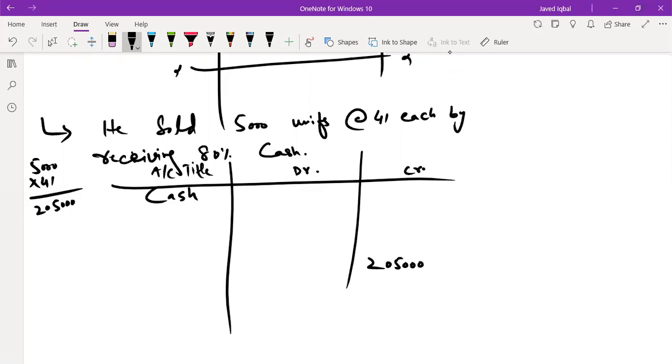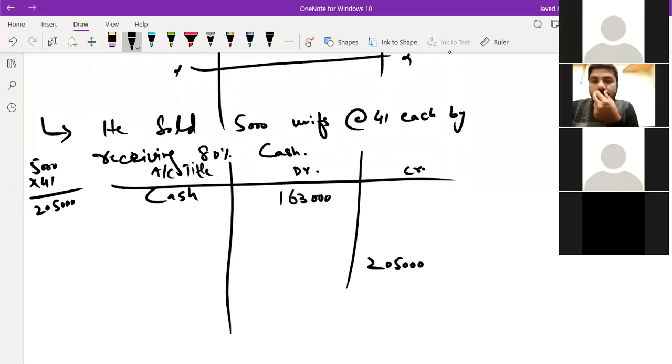Now you need 80% of it, which is 164,000. This also means you have an outstanding balance of 20%, which is 41,000.